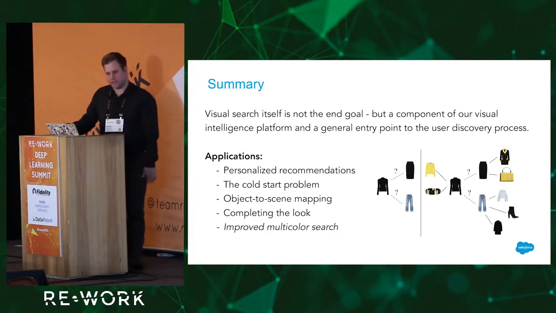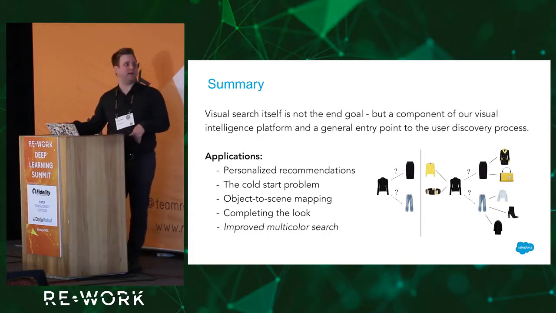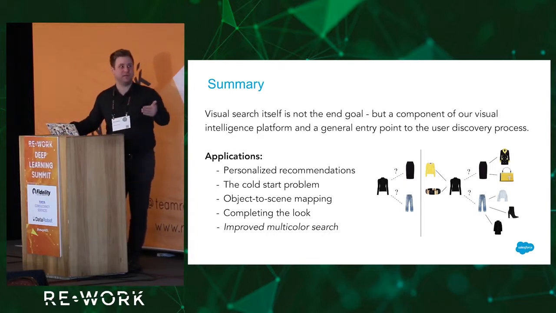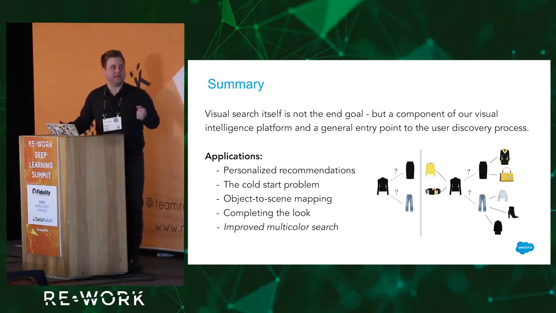So I wanted to summarize and then give one last application of the Visual Search API. It's really just one component of what we call the Visual Intelligence Platform. And it's going to be one of many APIs we're going to be exposing to customers. The applications are manifold. It solves basically the cold start problem for new products.